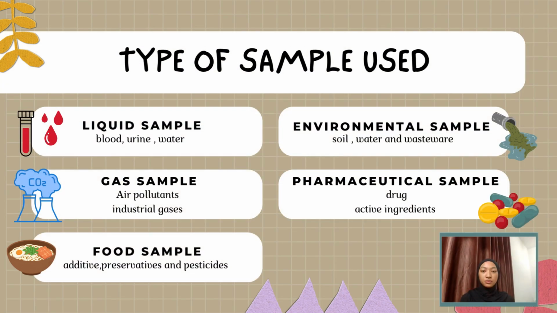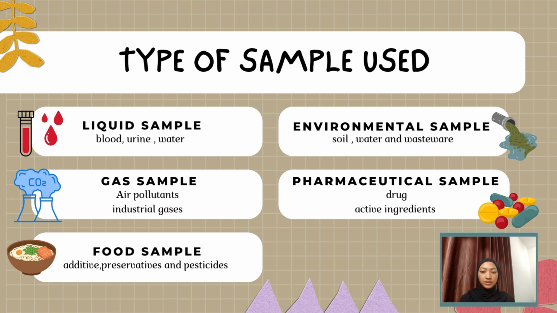Now, let's move to the types of samples used. Firstly, we have liquid samples. For liquid samples, we have blood, urine, and water. Next, gas samples. Gas samples we can take from air, pollens, and industrial gas.